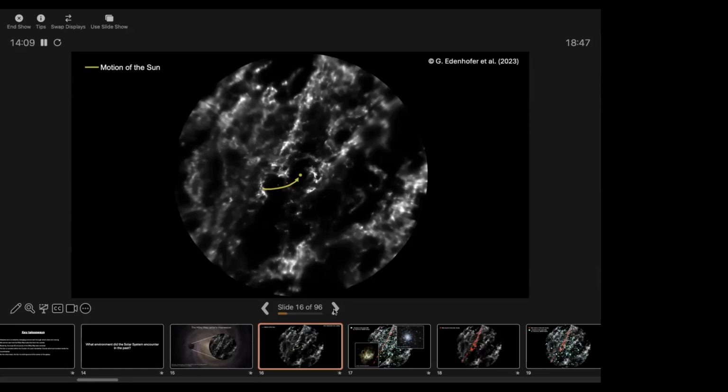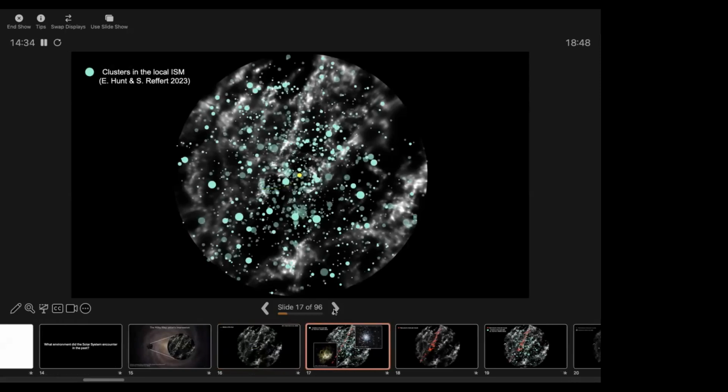After that point, the uncertainty is so big that we cannot say a lot. But for 20 million years, we can go back in time, and we know that the sun is coming from that direction. So it's hinting to us that the sun might have passed through the Radcliffe Wave, this straight structure that I showed you before.